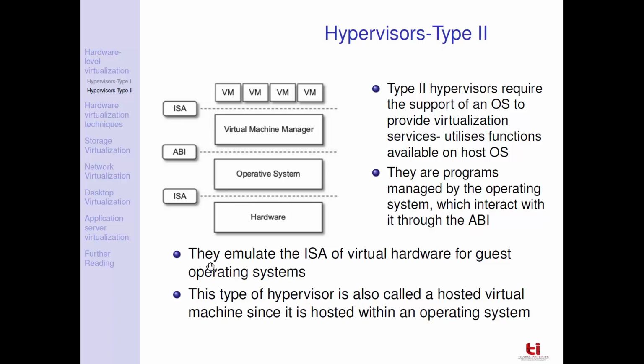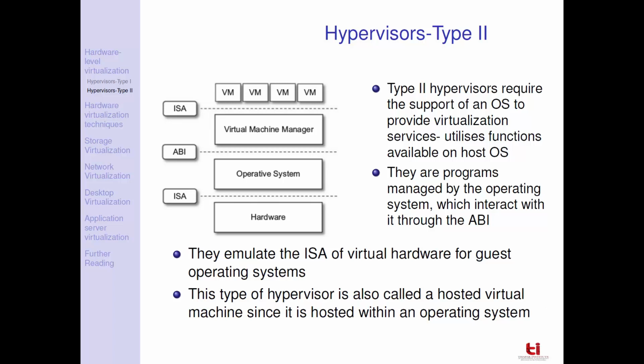So what do these hypervisors do? They emulate the ISA of virtual hardware for guest operating system. So this type of hypervisor is also called as hosted virtual machine, since it is hosted within an operating system.